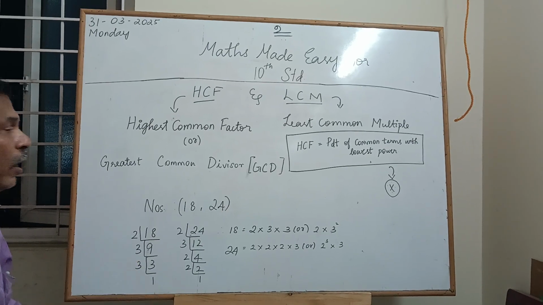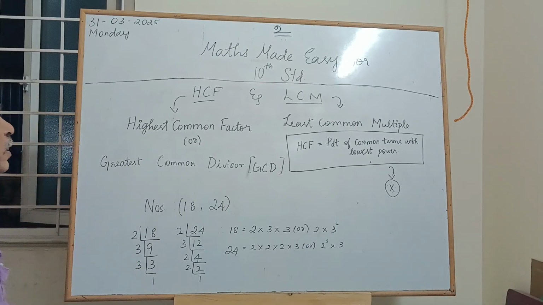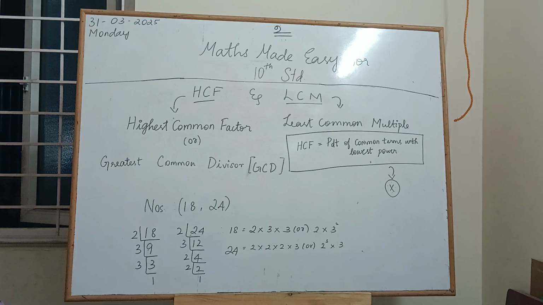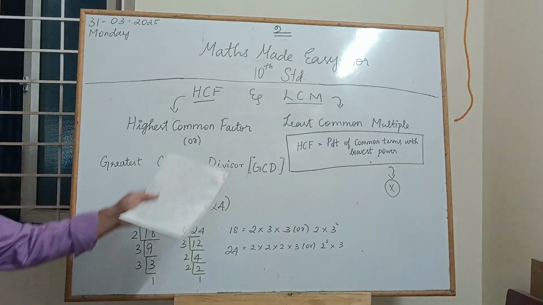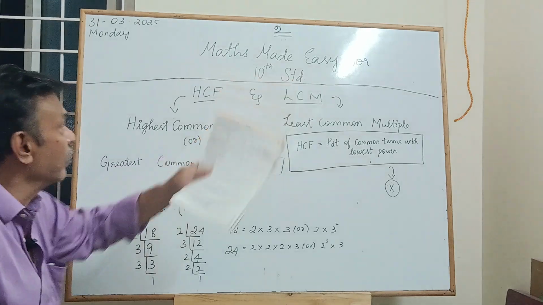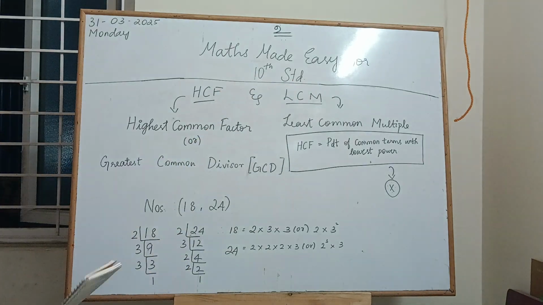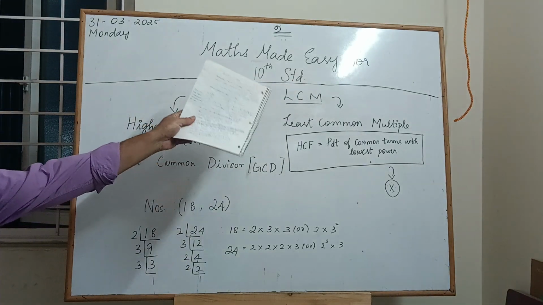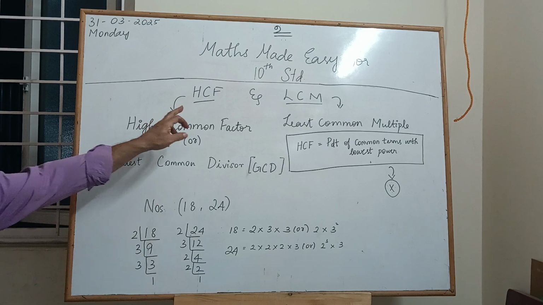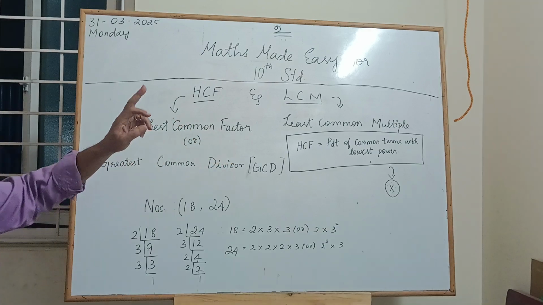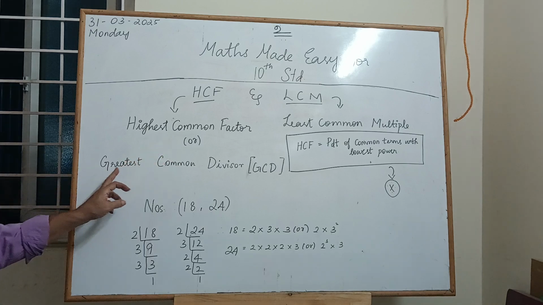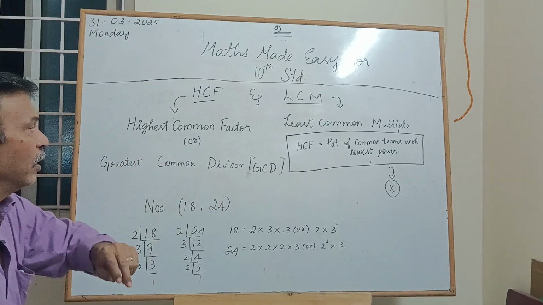After discussing prime numbers and composite numbers, now we will come to HCF and LCM. So what is HCF and LCM? HCF is called highest common factor. In some books, they also call it greatest common divisor.